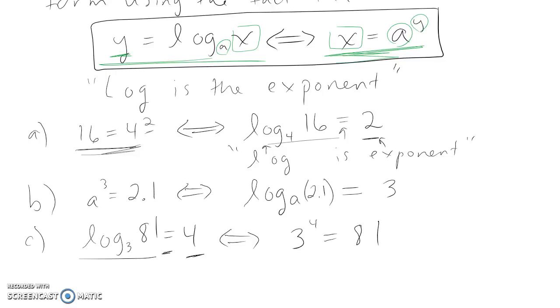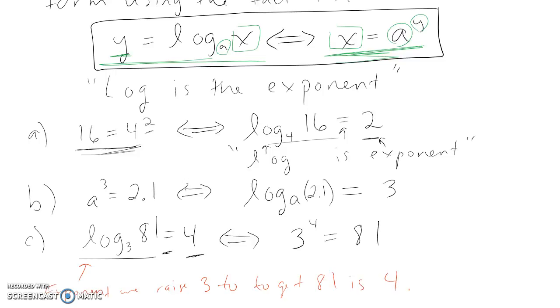So 4 is the exponent, equals 81. Because anytime we see this idea of log, we're saying, since the log is the exponent, this says the exponent we raise 3 to get 81 is 4, right?